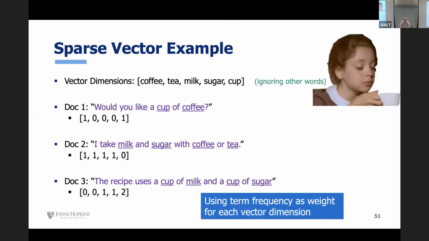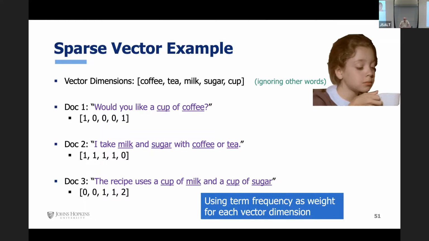Here's a sparse vector example. So let's say we've selected just 5 terms for our tokens. Document 1 has, would you like a cup of coffee? And our 5 terms are coffee, tea, milk, sugar, and cup. So the vector for document 1 would be 10001 because it has coffee and cup, but not the other words. When we look down at document 3, the recipe uses a cup of milk and a cup of sugar.